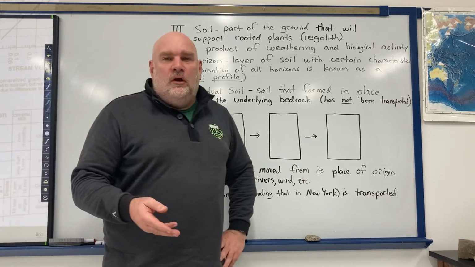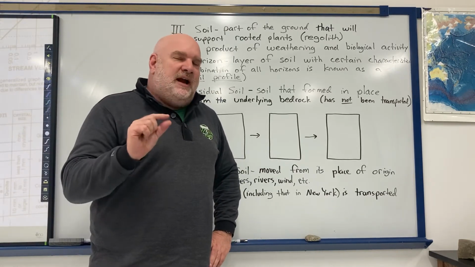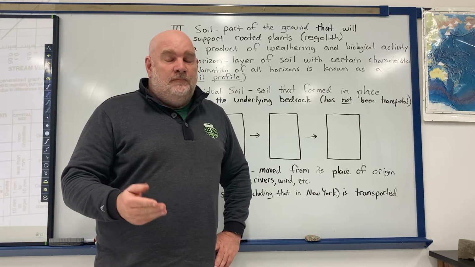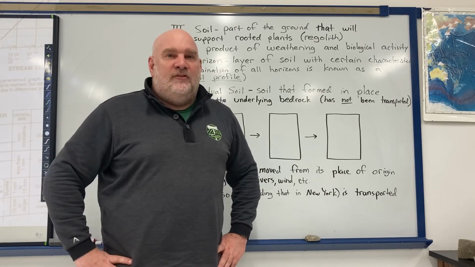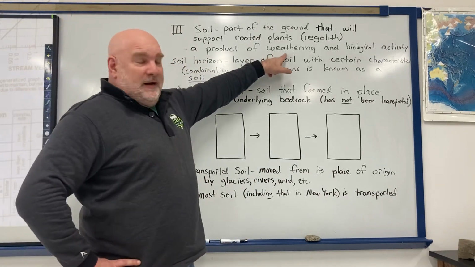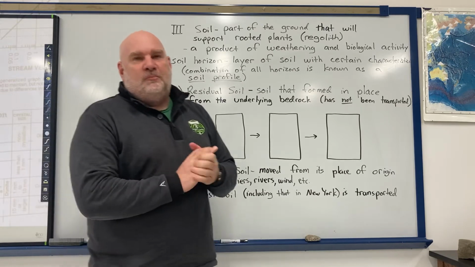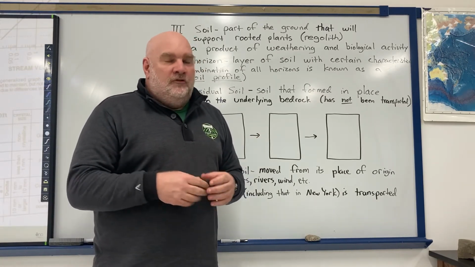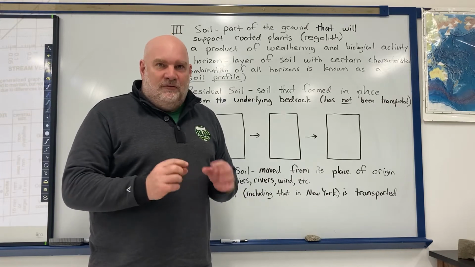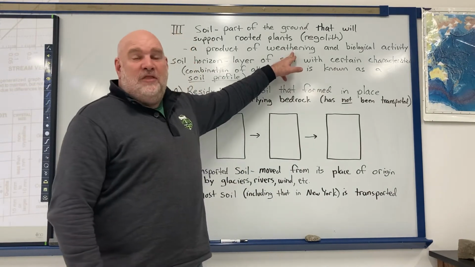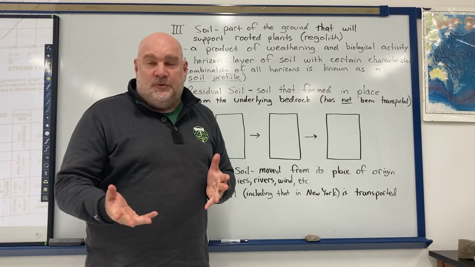Since soil is mostly made out of little tiny broken up rock particles and organic matter, it's a product of weathering. Remember, weathering is a process where big rocks get broken down into small pieces. So the process of weathering is responsible for that.